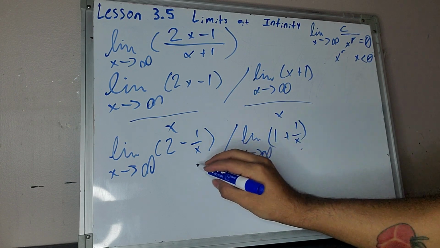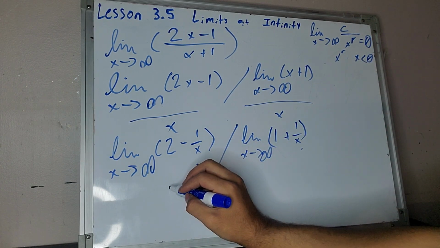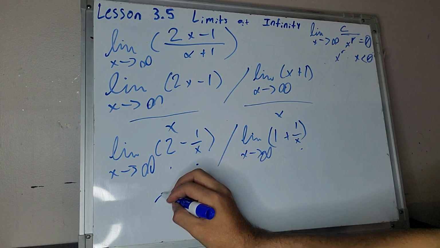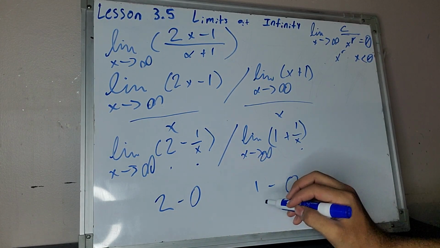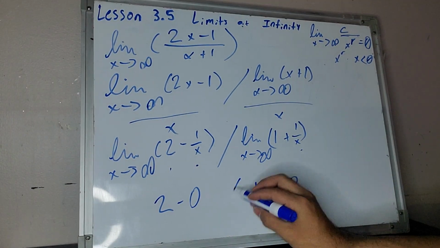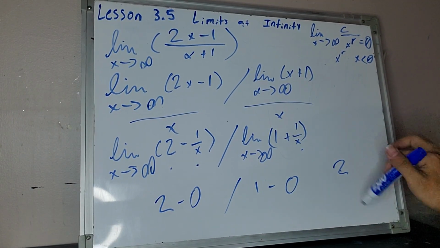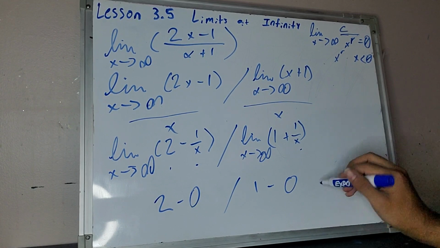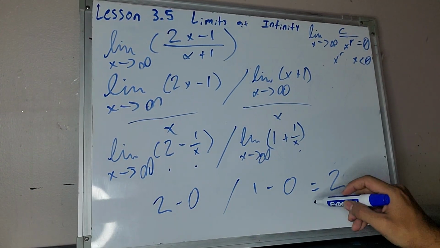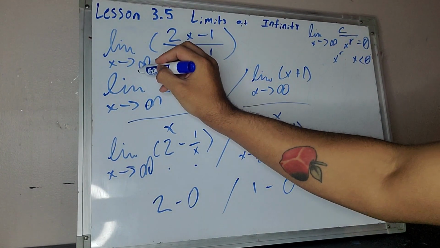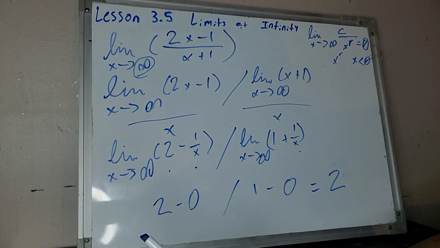And now we can use our rules to determine that the limit of this will be 2 minus 0 over 1 minus 0. Simplified down to just 2. Which gives us our horizontal asymptote to the right.